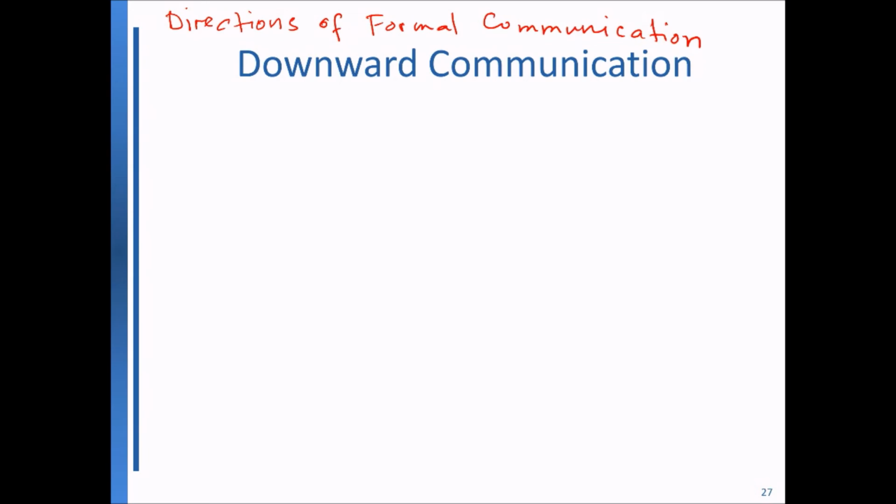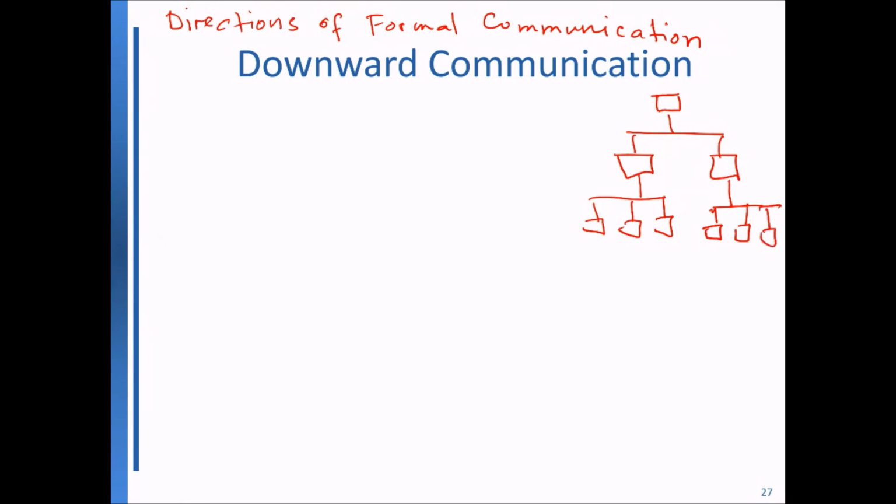Formal communication follows the structure of the organization. We were discussing the structure of the organization before. This is an example: the general manager or the highest manager, followed by the middle manager, and these are the staff. So this is the formal structure of the organization.